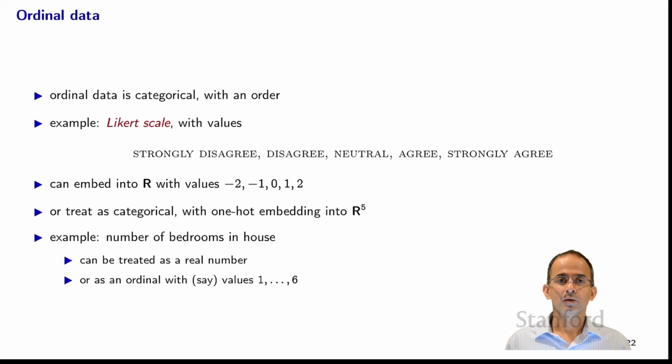Such a scale, where there's an order to the categories and it's used to indicate a preference, is called a Likert scale. For example, the original Likert scale was strongly disagree, disagree, neutral, agree, or strongly agree.